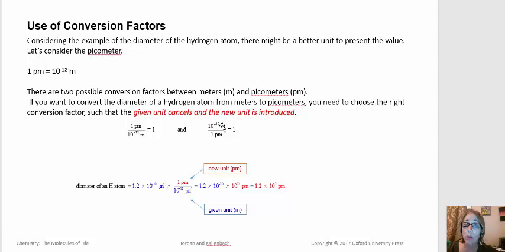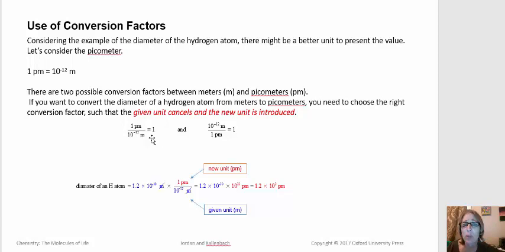Or I can write meter in the numerator, and that 10 to the minus 12th stays with the meter, and picometer in the denominator. So there are two different ways I can write a conversion factor based on this equality, and which form matters. If I use the wrong form, I'll get the wrong answer. Let me just point out that both ways of writing this conversion factor actually equal 1.